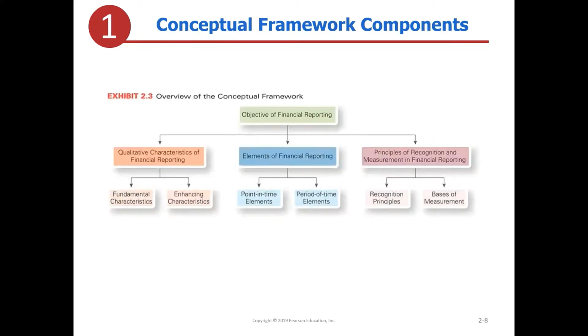Here in Exhibit 2.3, it provides a detailed overview of the current conceptual framework. You have the objective of financial reporting, then you have the qualitative characteristics of financial reporting, elements of financial reporting, and the principle of recognition and measurement in financial reporting. And we discussed that earlier.